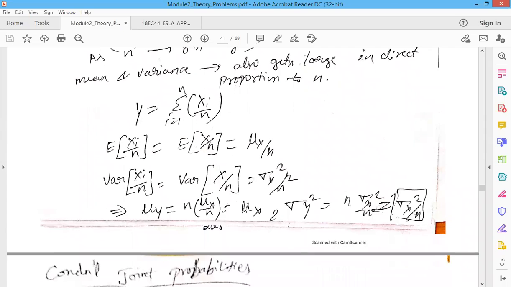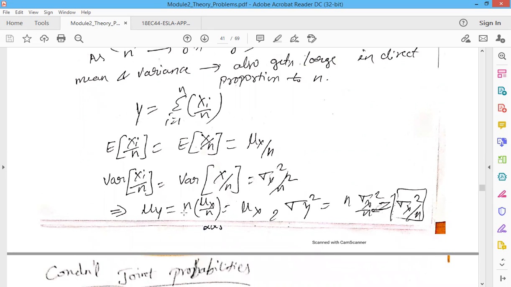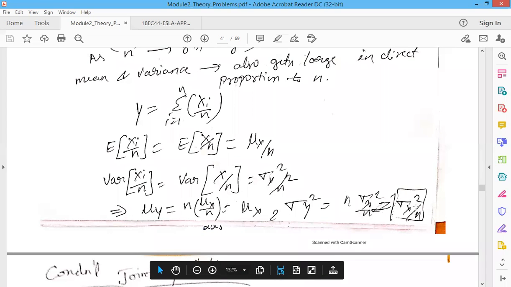Similarly, the variance of xi by n results in sigma x square by n square, which implies that mu y is equal to n into mu x by n. So n gets cancelled, which is equal to mu x. Similarly, sigma y square is written as n into sigma x square by n square. One n gets cancelled, resulting in sigma x square by n.